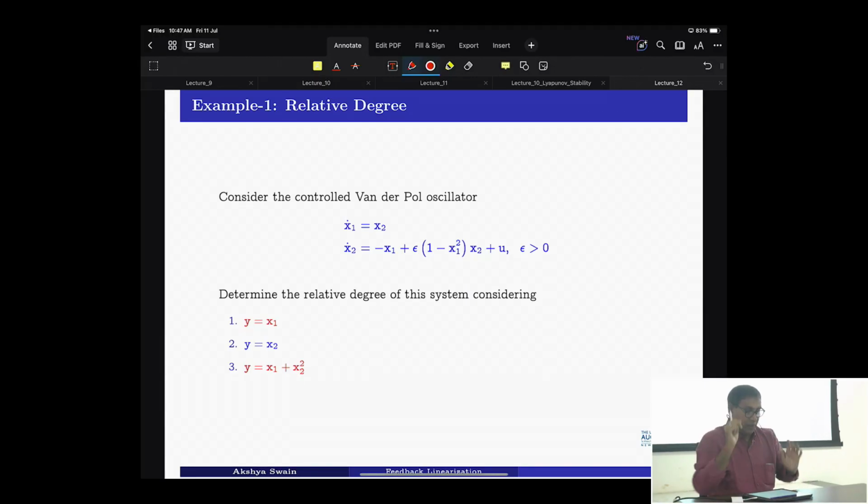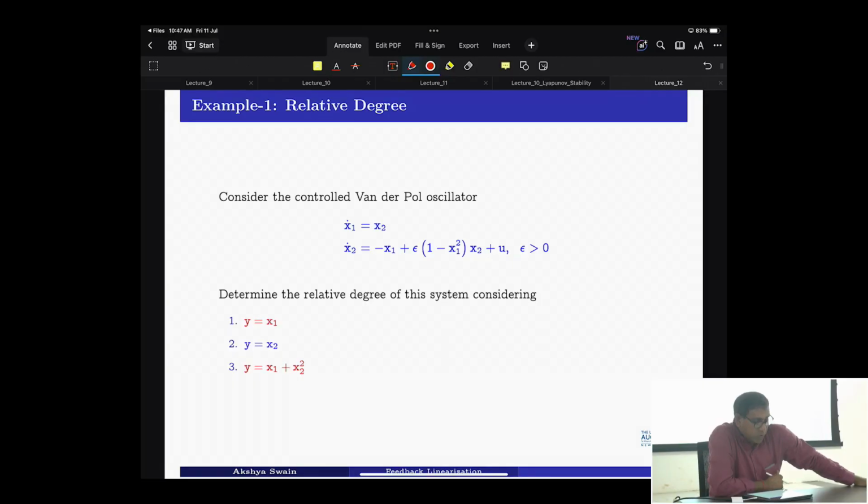Now see. Consider the Van der Pol oscillator. x1 dot is equal to x2, x2 dot is this one. Determine the relative degree of the system when y is equal to x1. First let us see. Relative degree is important. I will tell you why it is important. What is relative degree? Differentiate y until u appears.